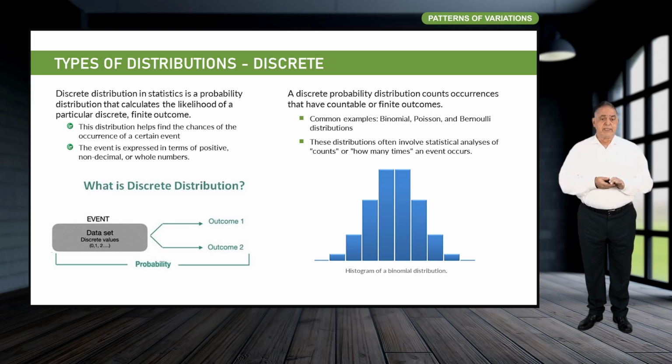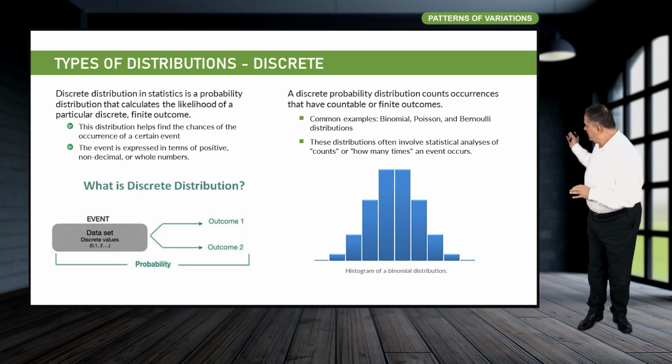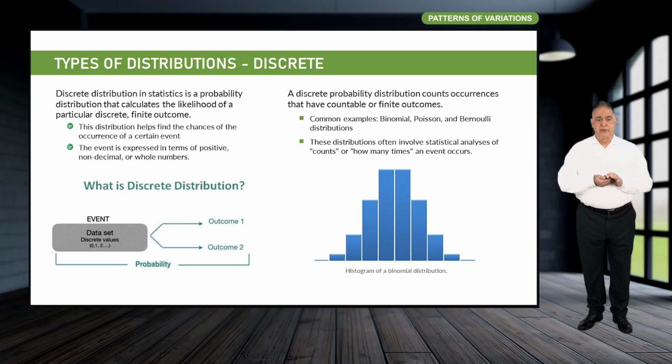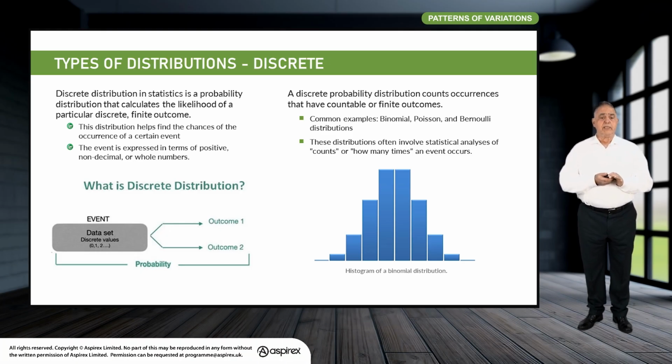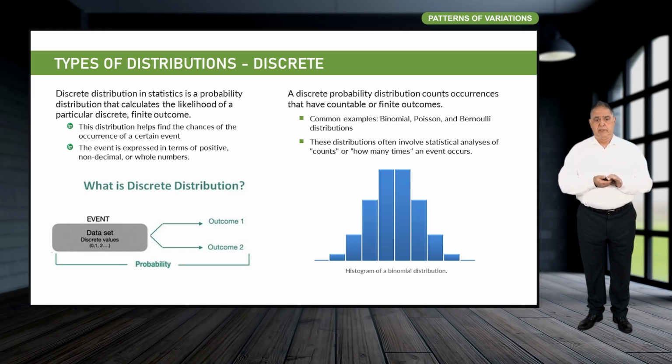The event is typically expressed in terms of positive, non-decimal, or whole numbers. This is a key point to remember. So, as you can see in the figure, we have an event, and we may have more than one outcome. In this case, we have outcome 1 and outcome 2.